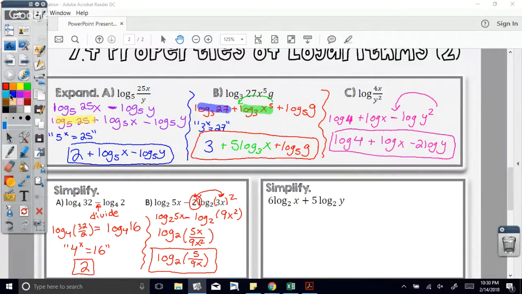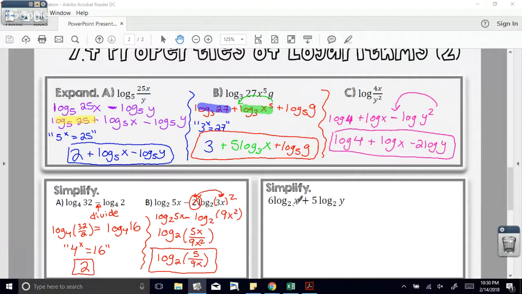Okay, so this one over here to the right is very, very similar. First thing I notice, there are 2 numbers out in front. So I'm going to go ahead and remind you, numbers out in front become the exponents. So this is log base 2 of x to the 6th plus log base 2 of y to the 5th.